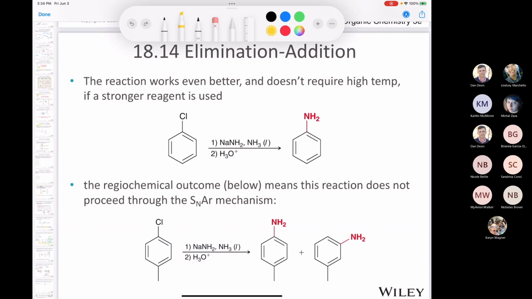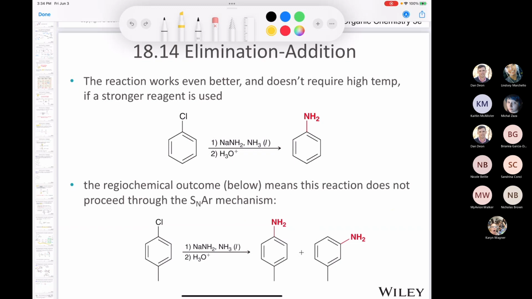So then they said, okay, well, what if we put a substituent para to the chloro? What would we get then? They found out that they get a mixture of para-methylaniline and meta-methylaniline. So they got two regioisomers in approximately a 1-to-1 ratio. So they get a 50-50 mixture of both of these. And said, what's going on here?